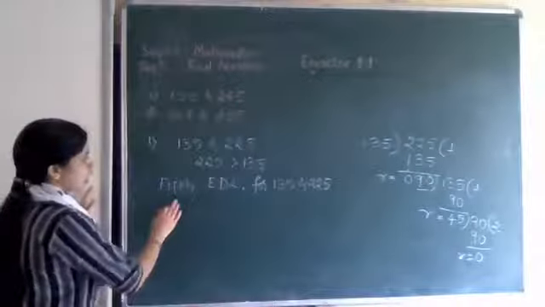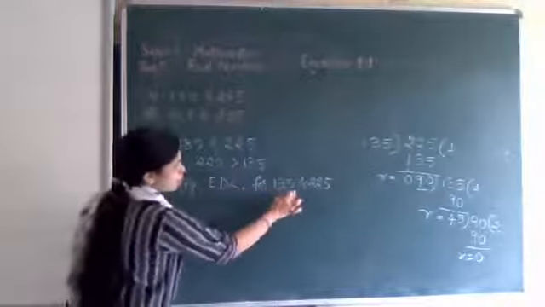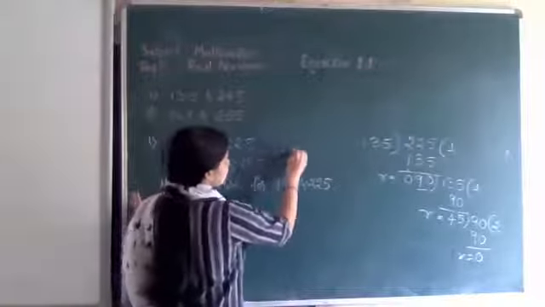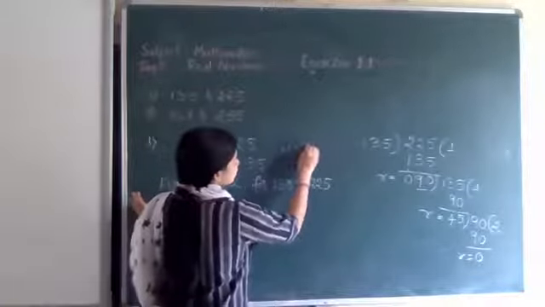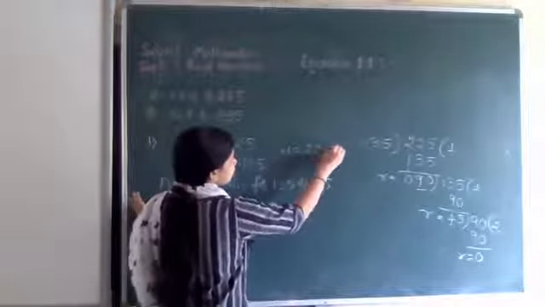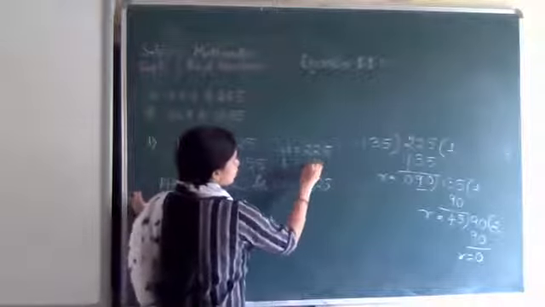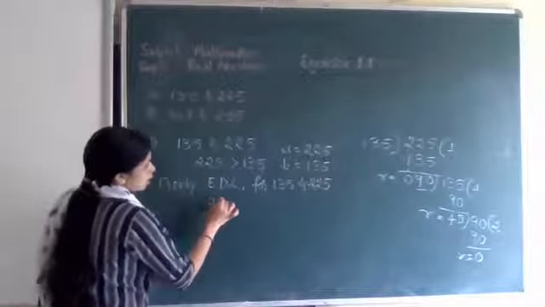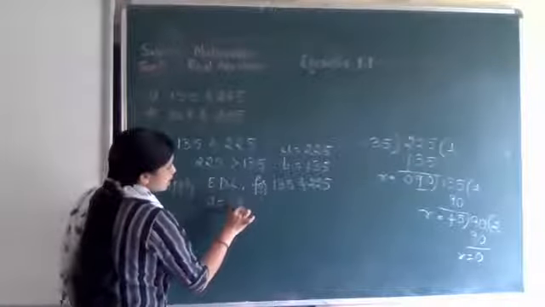What have we done? Apply Euclid's division lemma for 135 and 225. Here A is 225 and B is 135. Here what does Euclid's division lemma say?